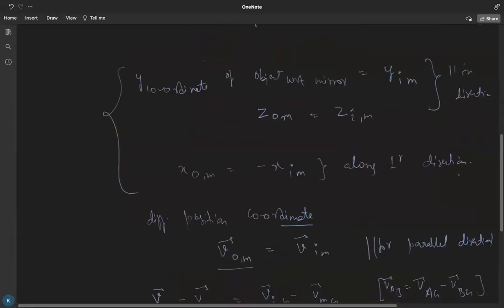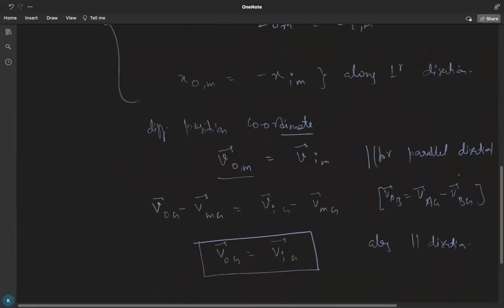Now, when we have to find the velocity, I just have to differentiate the position coordinate, so we get the velocity. From the relation, when we differentiate, the first thing we get is that the velocity of the object with respect to the mirror is equal to the velocity of the image with respect to the mirror.